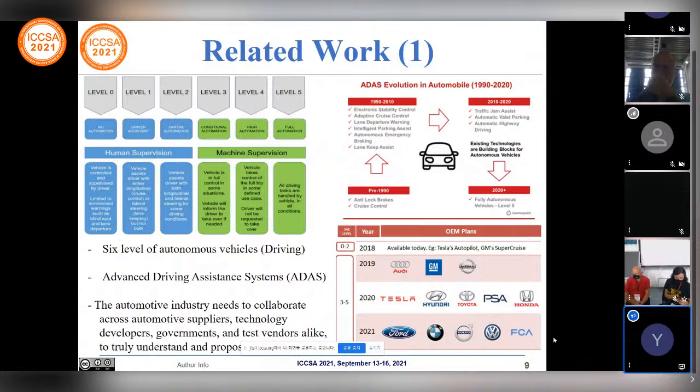So an automotive company can no longer be an expert in just mechanical or electrical engineering, but needs to be expert in artificial intelligence, software development, big data analysis, and machine learning. The automotive industry needs to collaborate across automotive suppliers, technology developers, and government to really understand and propose a solution.